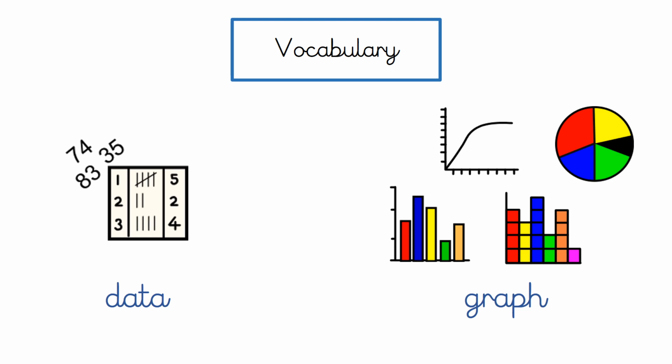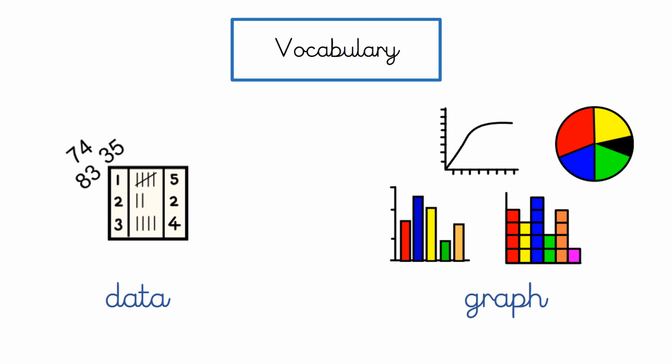The other important word that we're going to need is graph. We've heard graph in some phonics words before. Can you remember any phonics words that have graph in them? Well done if you remembered digraph or trigraph. The word digraph means one sound that has two written letters.